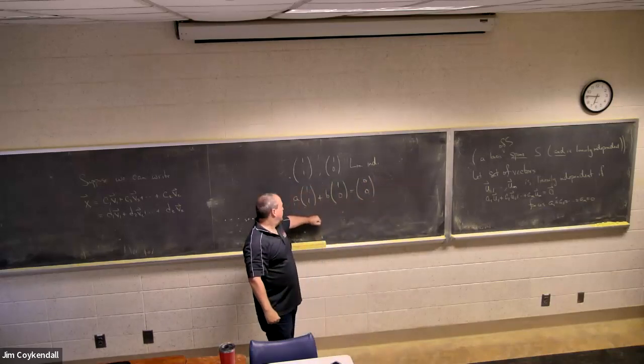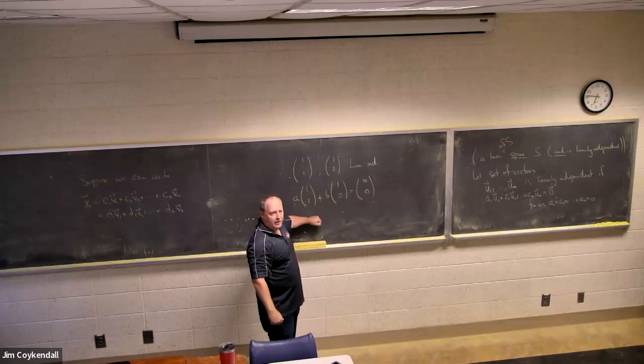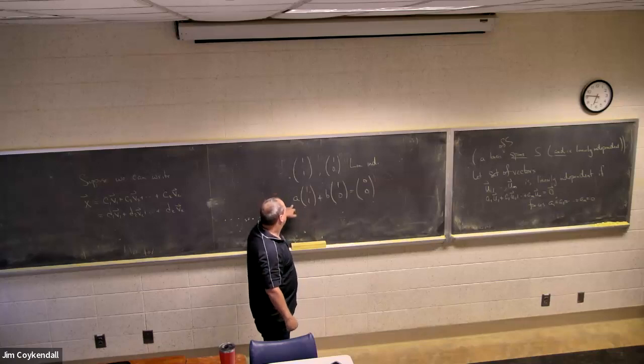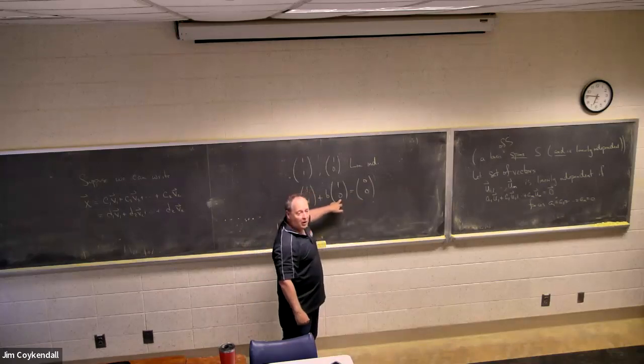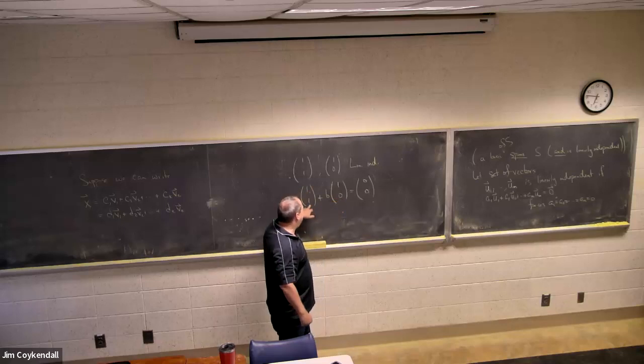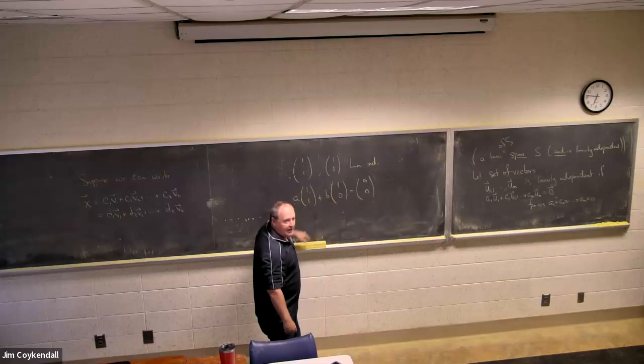Suppose I have this. Look at the second coordinate. What condition does that force on A? The number on the left side is zero, so A has to be zero. Everybody agree? Because you have to get a zero on the second coordinate. That's automatic. So that means A is zero.